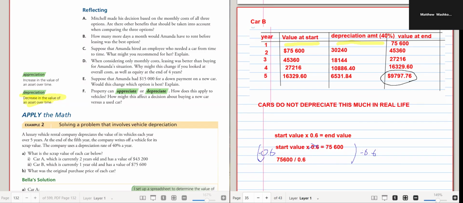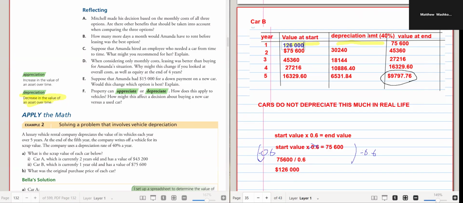And if I do that, I will end up with the final value the previous year before the depreciation, which is $126,000. We'll make this blue. So in this case, for car B, it's $126,000.